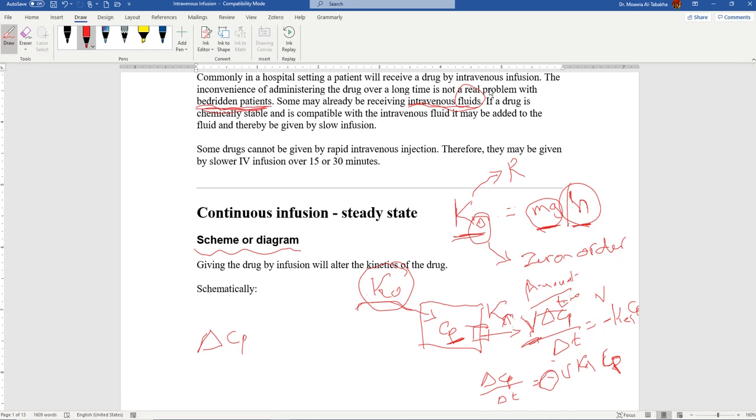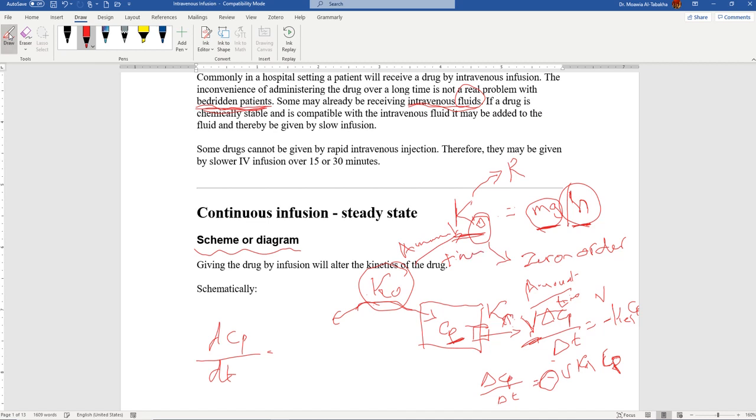Let me just write it as a differential equation. I will call it dCp.